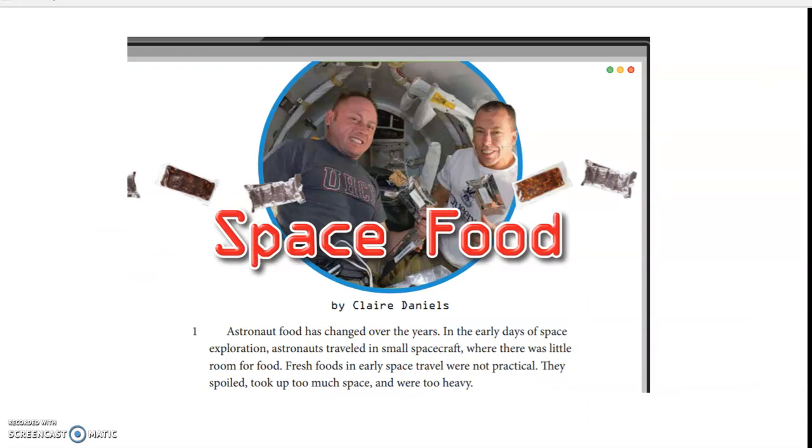Today you will read a science article. First you'll read to understand what the author says. Then you'll read to think about how the ideas in sentences and paragraphs are connected. Let's get started. Let's first look at our picture. We know that text features include pictures.